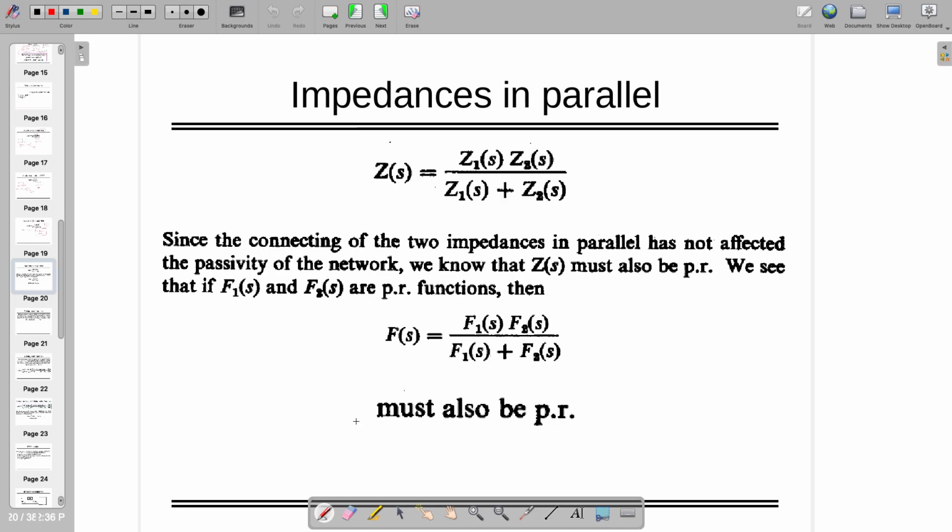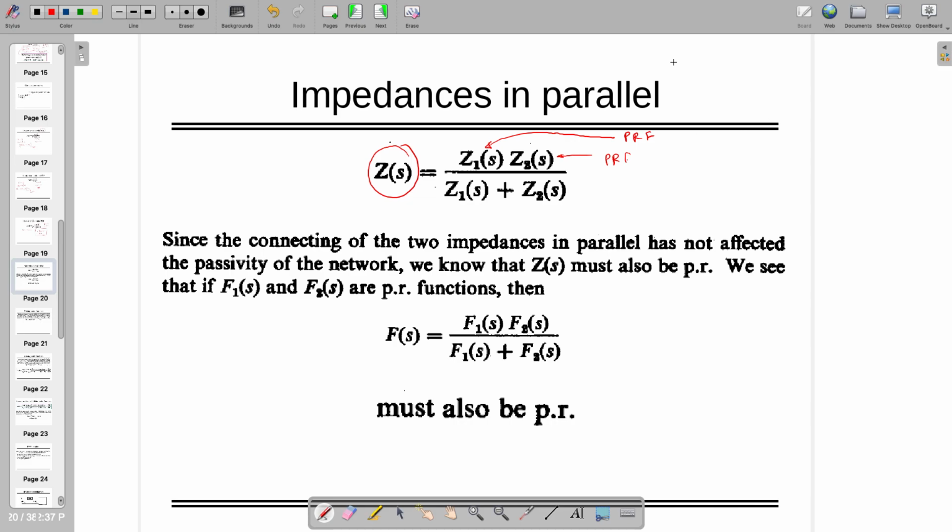there is one more important understanding we need to have. If there is an impedance function and two impedances are in parallel, which is equal to z1 of s times z2 of s divided by z1 plus z2. So if z1 is Hurwitz and positive real function, or you can say that all positive real functions are Hurwitz, by the way. So if your function is PRF, and this is also PRF, then the parallel combination will also be PRF.